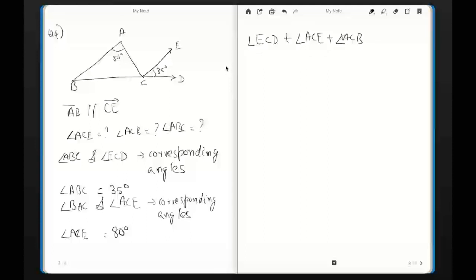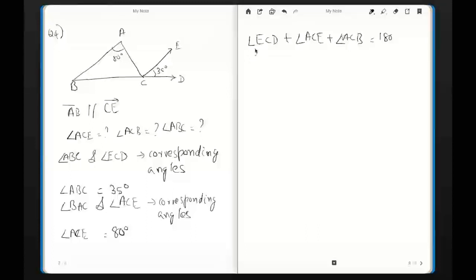This sum has to be 180 degree. Why? Because this is the total angle which is on one side of the line around a point is going to be 180 degree. And since these are adjacent angles on the same point, on the same side of the line, the sum should be 180 degree. Right? This is something we have already seen in lines and angles.